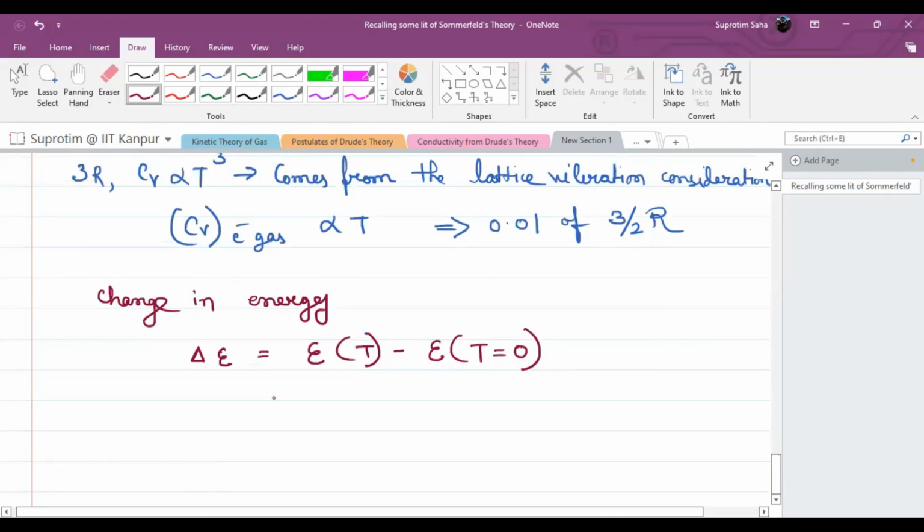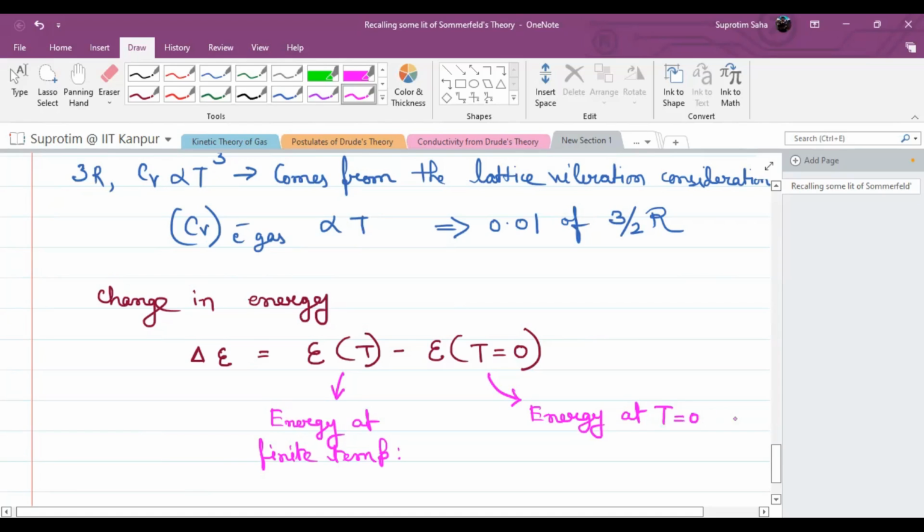This is the energy at finite temperature, and this is the energy at T equals 0. So this was our aim. We have to calculate the change in energy as you supply the temperature change.